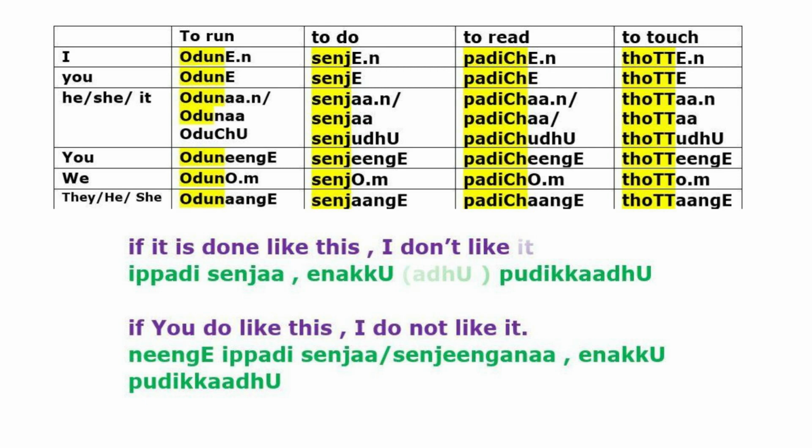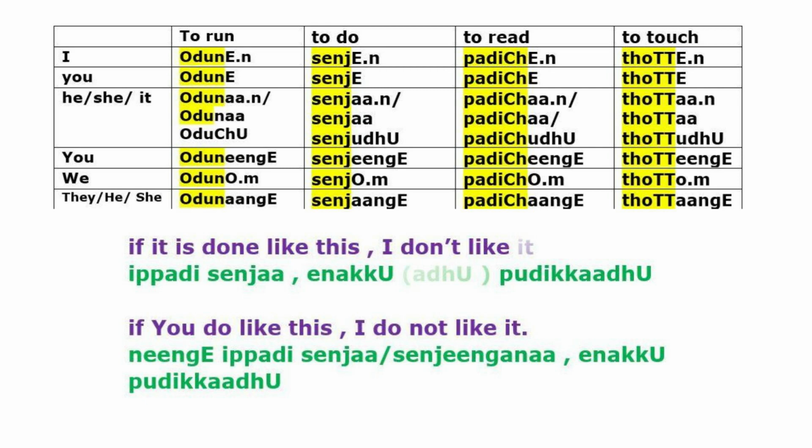The next one is we are now talking about a person, that is you. If you do like this, I do not like it. நீங்க இப்படி செஞ்சா or நீங்க இப்படி செஞ்சீங்கனா. You can use செஞ்சா or செஞ்சீங்கனா interchangeably. That's no problem. It means just the same. But sometimes people use செஞ்சா, the other time people might be using செஞ்சீங்கனா.